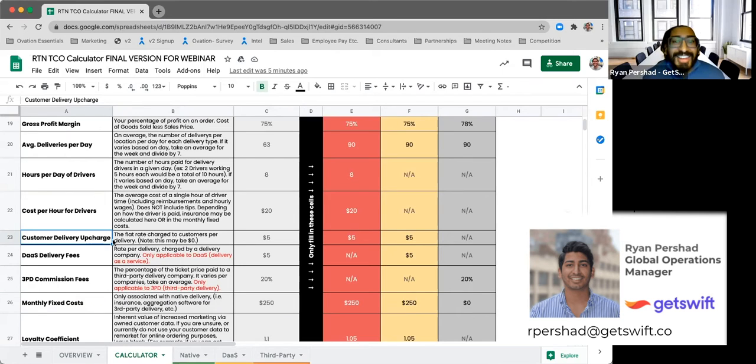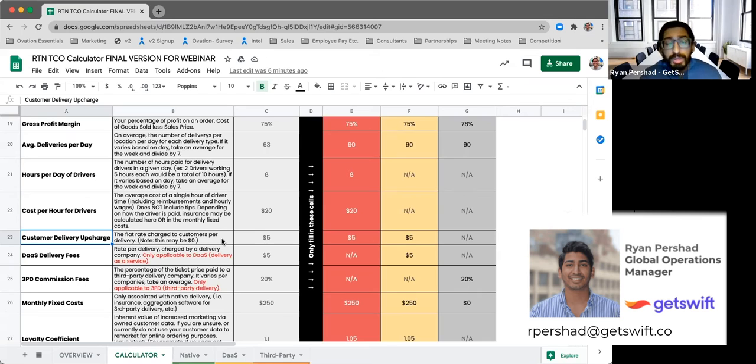Oh, and then this one's me. I was following up there. Customer delivery upcharge is something that a few people asked us about. The idea is, as you're moving through different models, if you're shifting some of your deliveries from third party to in-house, or you're starting from scratch, and consumers are used to ordering through apps and websites and paying surcharges for delivery, this is possibly an opportunity for an operator to do it as well.